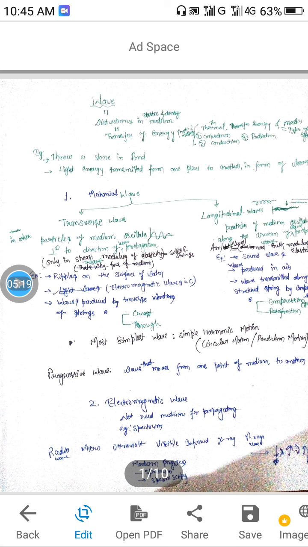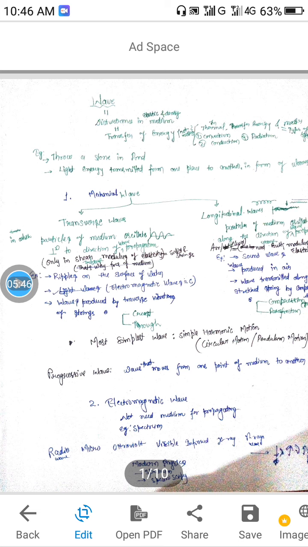What is a transverse wave and a longitudinal wave? We categorize them on the basis of how the particles of the medium vibrate when waves travel through that medium.